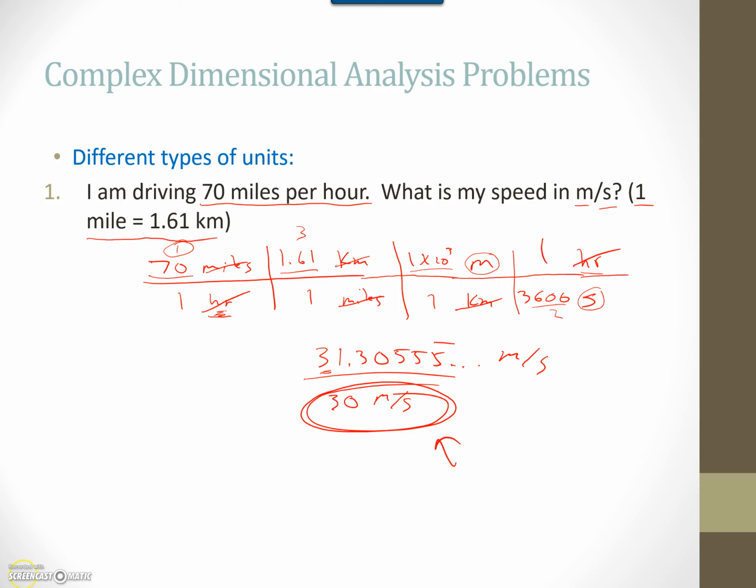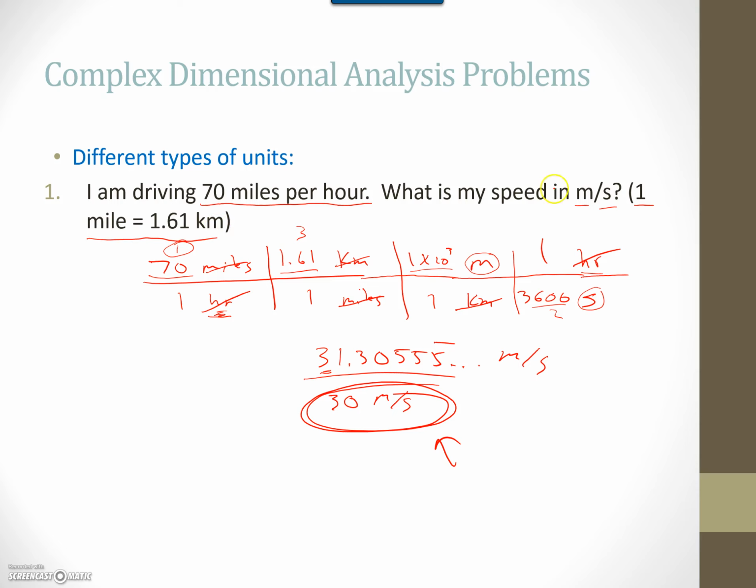Okay, so what did I do here? I started with my known quantity, 70 miles per hour, so 70 miles over 1 hour. I knew that I wanted to have my answer in meters per second, so that told me I had to go miles to meters and hours to seconds. In order to get from miles to meters, I had to do a conversion from the English system to the metric system first.